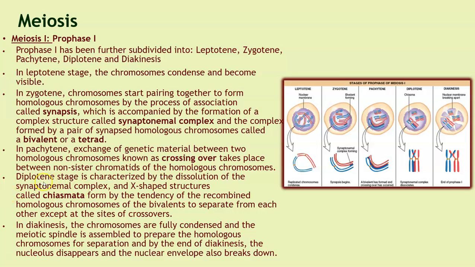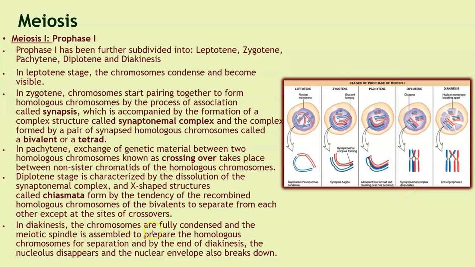The diplotene stage is characterized by the dissolution of the synaptonemal complex, and X-shaped structures called chiasmata form by the tendency of the recombined homologous chromosomes of the bivalents to separate from each other except at the site of crossing over. So here you have the synaptonemal complex, it starts to dissociate.